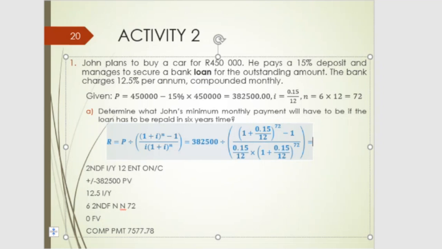It's 1 plus again that fraction 0.15 divided by 12, brackets again, then to the power of 72. I don't know what happened. I pressed the wrong thing. Am I going to go back now? No. See now.